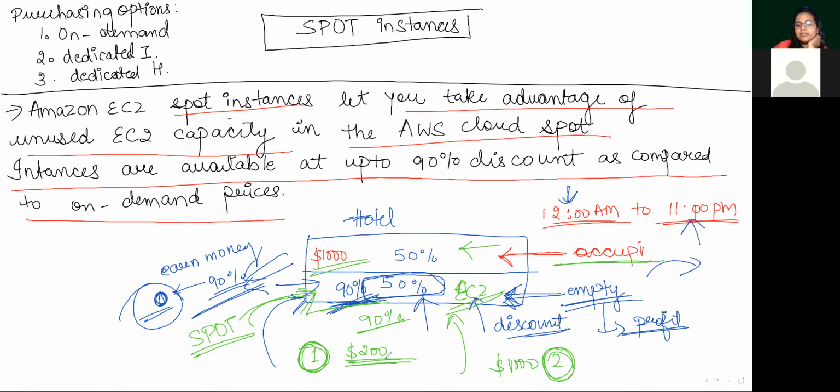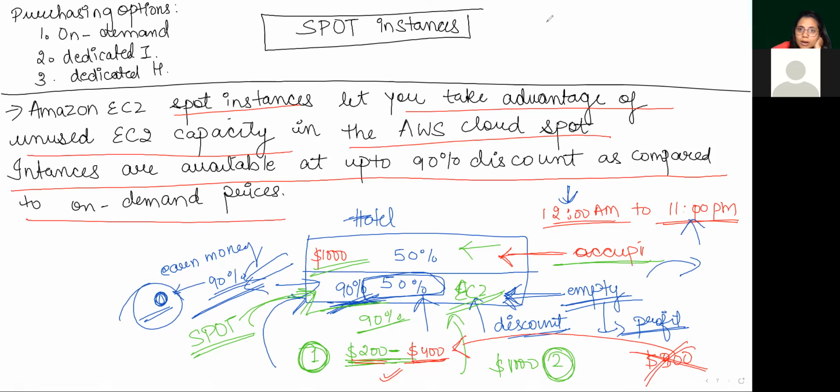So before giving this, we signed an agreement with this person and said, okay, if you're buying this room, you're buying at 200. The customer will say, if the room charge goes up to 400, then I am able to take this room. Means if a customer comes and says, I want this room for 300, this EC2 instance will not be given to this person.